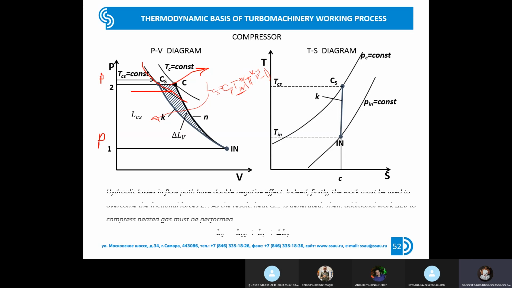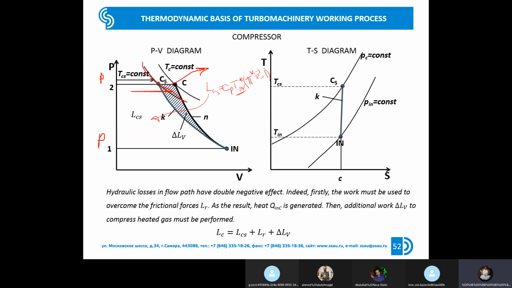So, it's a very interesting conclusion. It means that we are paying twice for the losses in the compressor. On one hand, we spend some energy to overcome losses. That's the first payment. It leads to the temperature of the flow increasing, and finally, for compressing more heated gas, we need to supply additional specific work.